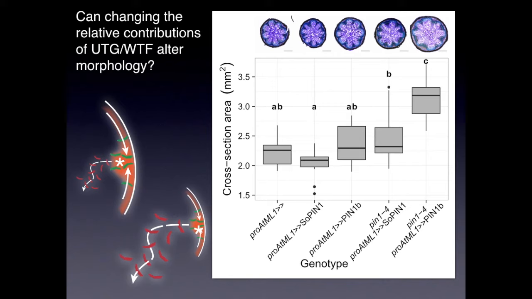And this has led me to the idea that, hey, over evolutionary time, maybe changing the relative contributions of epidermal convergent maxima formation versus canalization throughout the tissue, maybe that's a source of morphological evolution and diversity. So we're taking a whole bunch of approaches in Arabidopsis to try to manipulate the relative contribution of sister and pin1b to see if we can manipulate even subtle aspects of plant morphology, to see if that can be true.